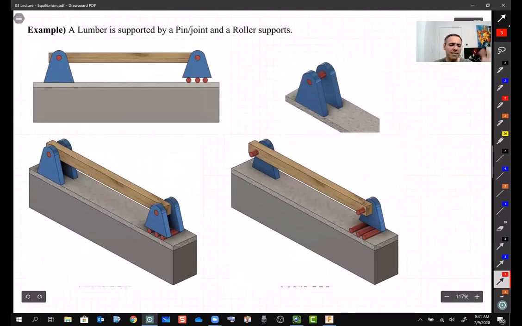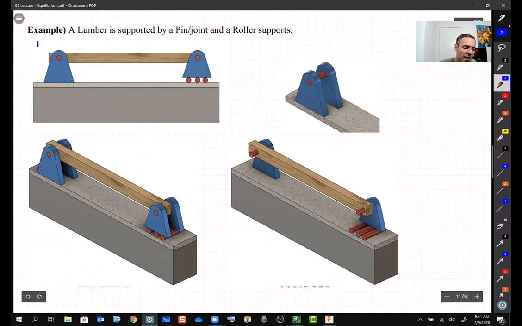In reality, let's say you have a beam, big wooden lumbers, and you want to make a beam and put it on two supports. The first support is the pin support, right? It looks like the pin support, and then this one looks like the roller support, right?